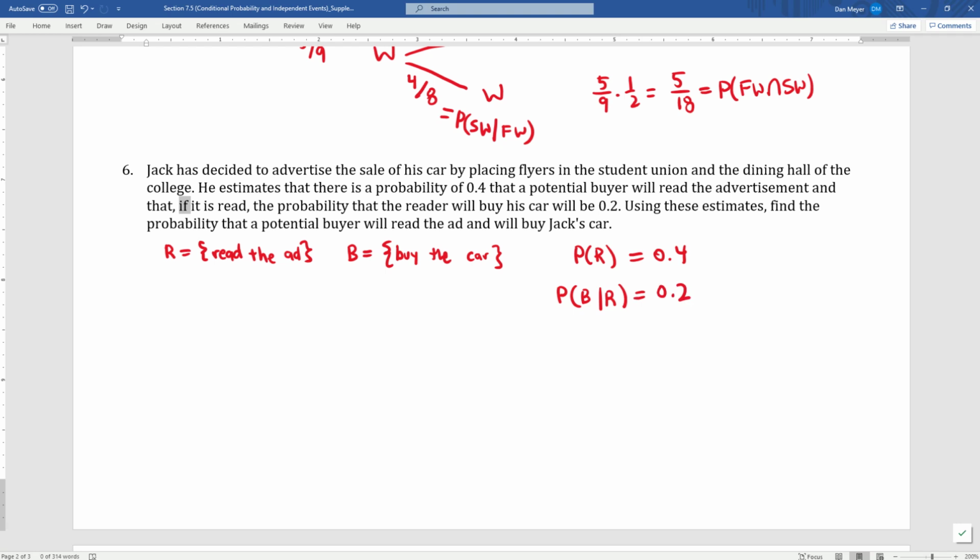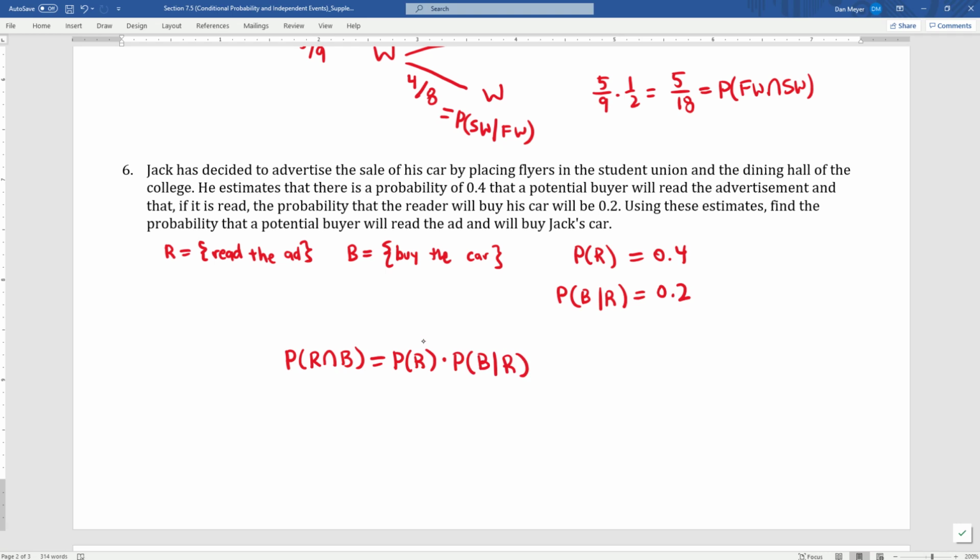All right, finally, using these estimates, find the probability that a potential buyer will read the ad and will buy Jack's car. So the probability that they will read the ad and buy the car. This is, again, our product rule. The probability that they'll read the ad times the probability that they'll buy the car given that they've read the ad.